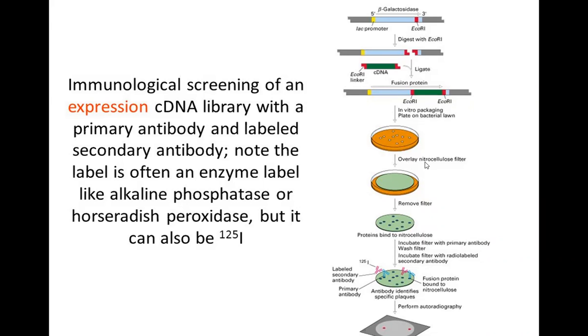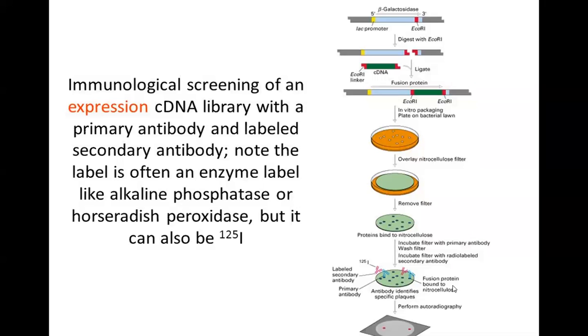Then you can use the nitrocellulose filter paper to take the imprint, then remove the filter paper. Then the proteins are bound to the nitrocellulose filter here. The bound proteins should be detected by immunological screening. Here, first you incubate the filter with primary antibody, which will specifically go and bind to the protein of interest, then wash the filter, then incubate the filter with the radioactively labeled secondary antibody.